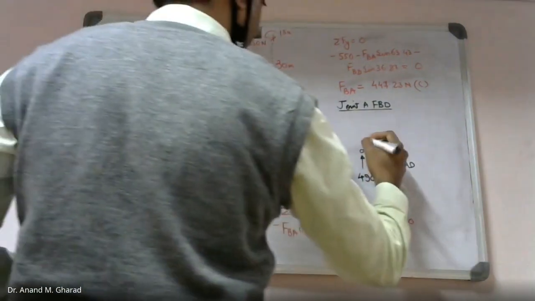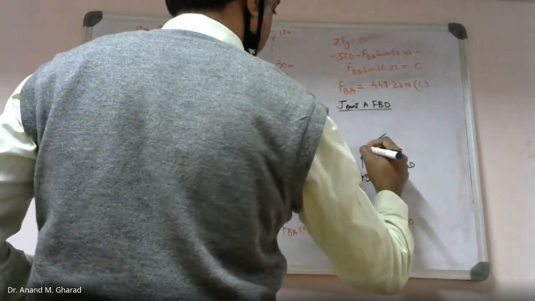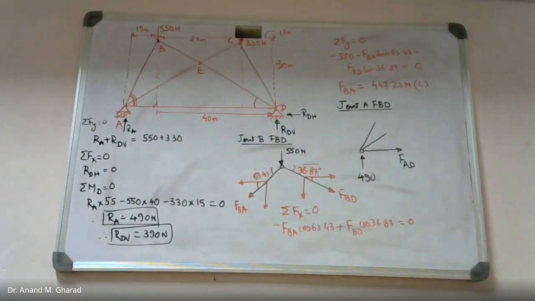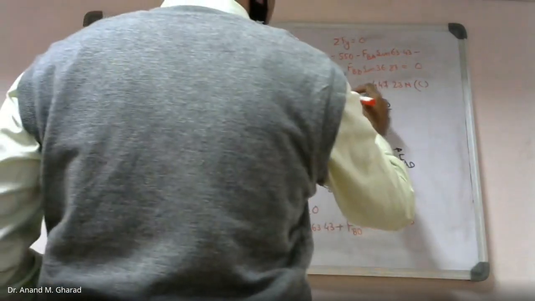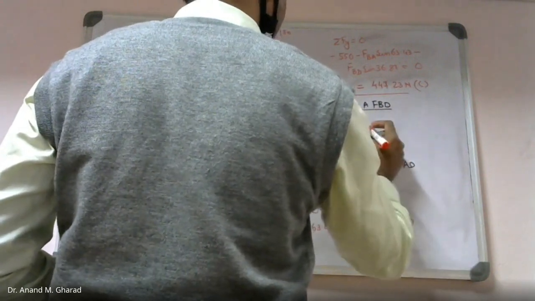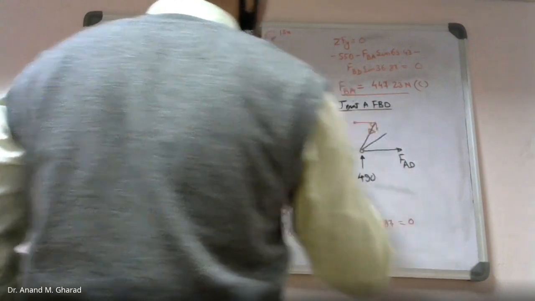Okay. Then this and one more, this one. We have already found out force in member BA, this is compression force, like this. You can resolve it. You know the angle value.